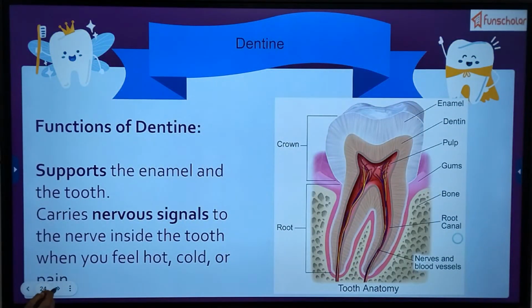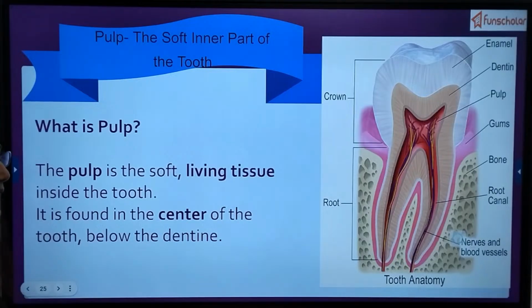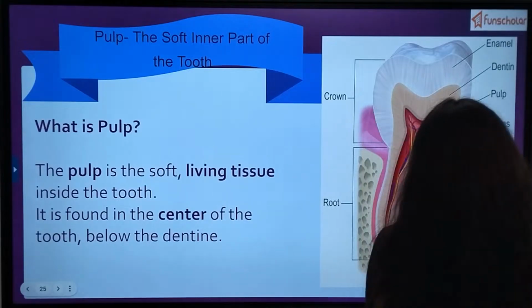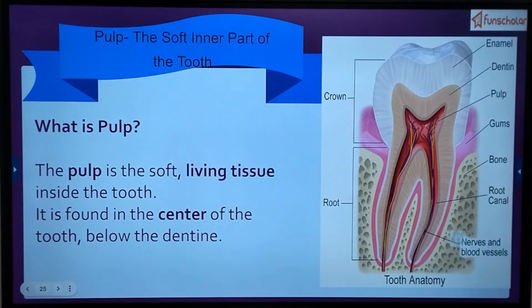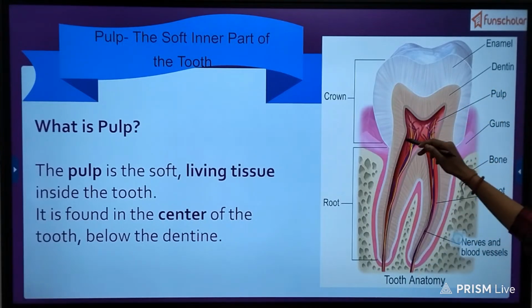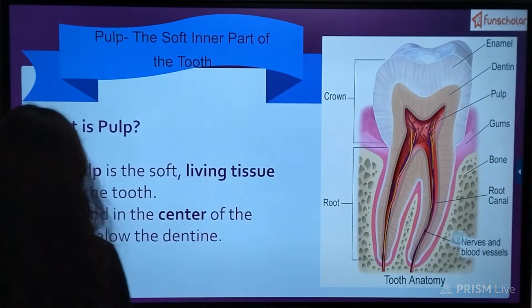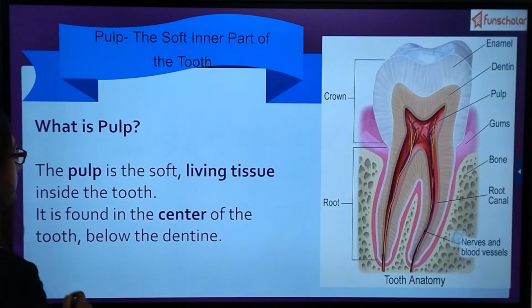Clear? Now comes pulp. I have already told you the pulp is the living part of the tooth. Okay? It is found in the center of the tooth, where below the dentine lies the pulp. Right? And it consists of all the blood vessels.